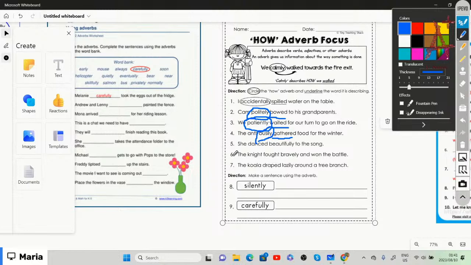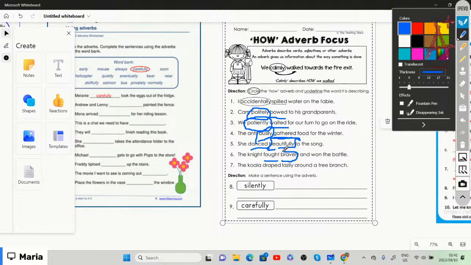And then she danced beautifully to the song. So danced, and then we can say beautifully is our adverb. And then the knight fought bravely and won the battle. So how did the knight fight, or fought?